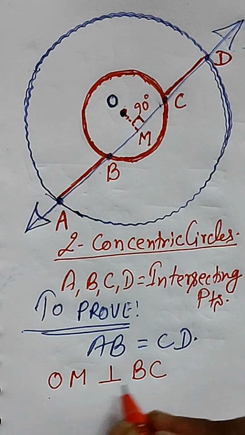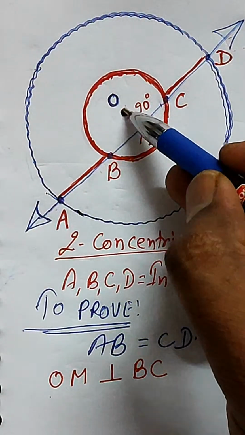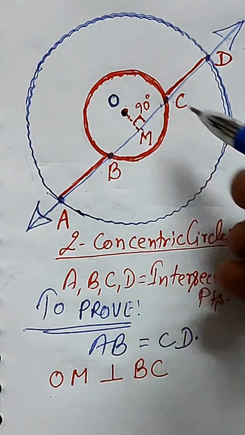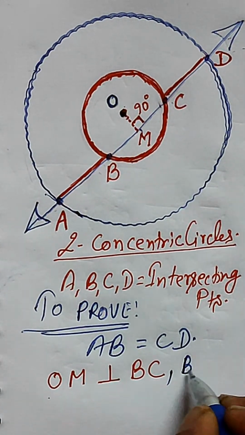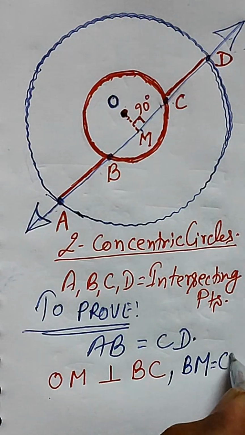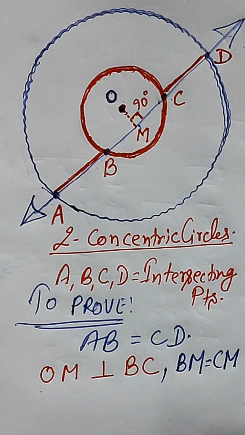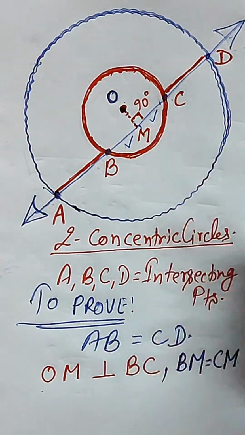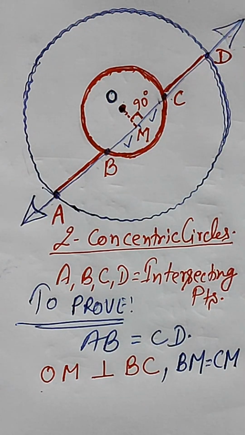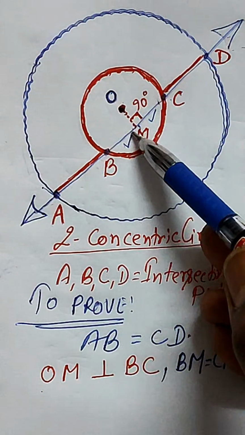If OM is perpendicular to BC, then since the perpendicular drawn from the center to the chord bisects the chord, we can write BM is equal to CM. This is BM and this is CM. So BM is equal to CM.